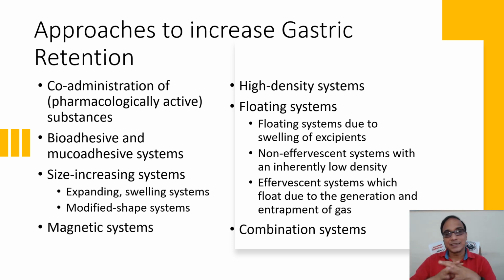Others may be magnetic systems, high density systems, floating systems. The floating system may be due to swelling of excipients, non-effervescent systems with an inherently low density, or effervescent systems which float due to the generation of entrapped gases, and combinations of these systems.